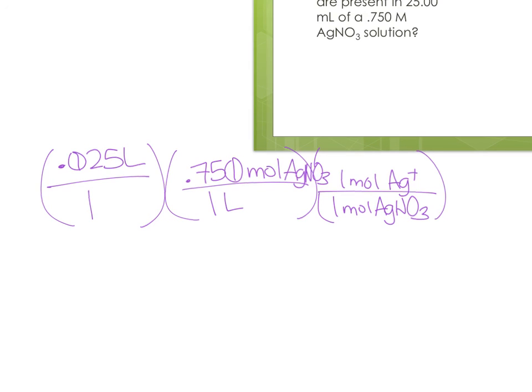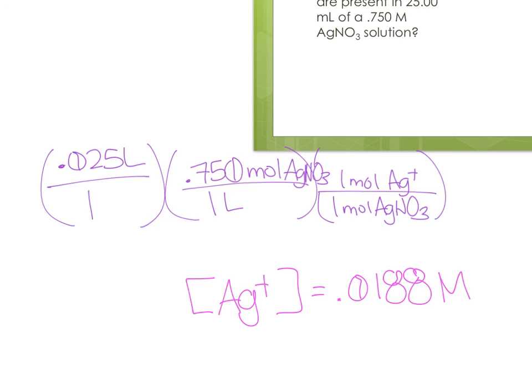And so when you get through it, what's the concentration of silver ions in that quantity of solution? 0.0188 molar would be the concentration of silver ions in that amount.